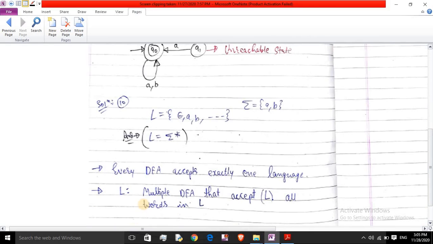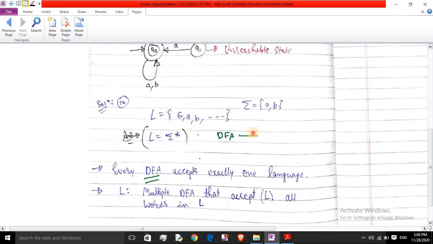Now look at this. Every DFA accepts only one language. No single DFA can accept more than one language. There can be multiple DFAs that accept all the words in L. Now look at this point carefully. Suppose there is a deterministic finite automaton, a machine.